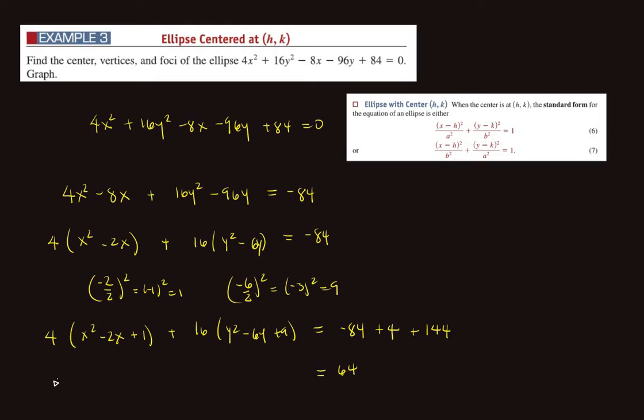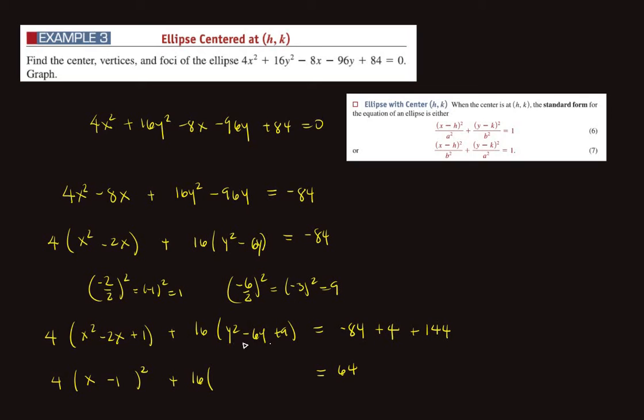Perfect. And then we have here 4, and because we did the completing the square, we turned this into a perfect square trinomial. It's x minus something, squared, and what is the something? By completing the square, it's always going to be this number here, so it's negative 1. The same thing we did here with the y. We have the 16.